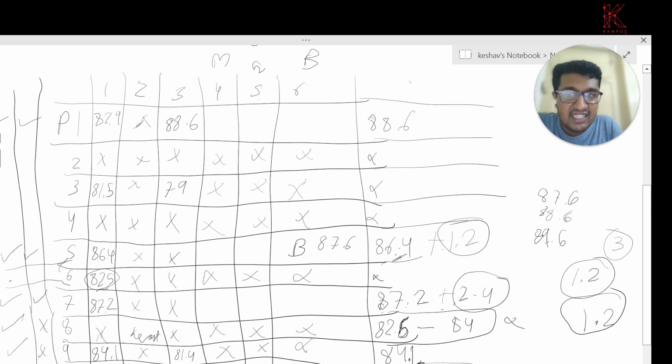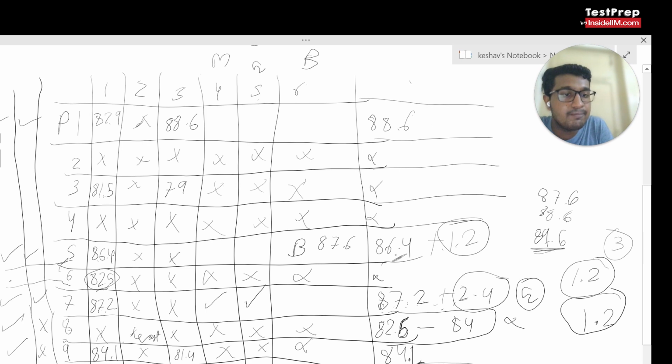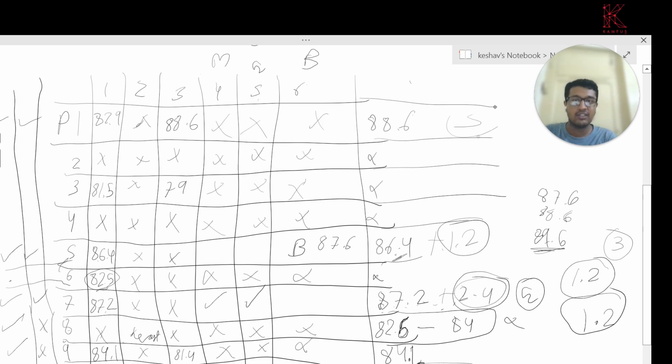Alright. Player 7 must have won the gold with 89.6 meters of throw, and this improvement must have happened in round 1, round 4 and round 5. So the gold medalist improved in 2 rounds with 1.2 each, and that total is 2.4. And the silver medalist didn't improve his score, and even player 1 didn't improve his score and he won silver.